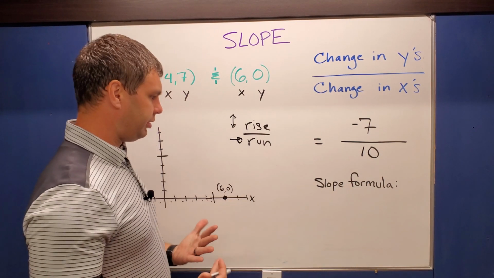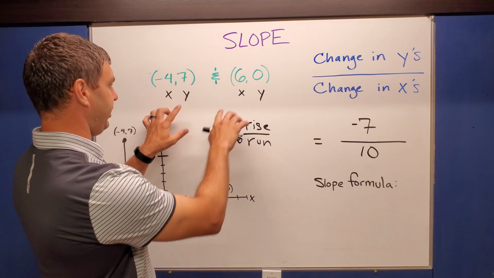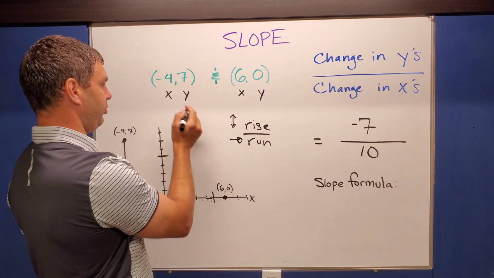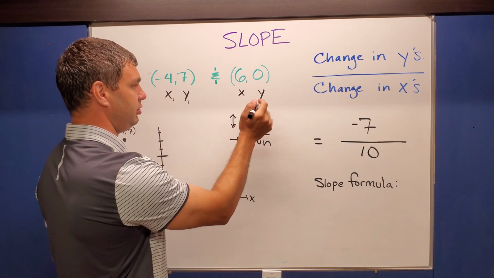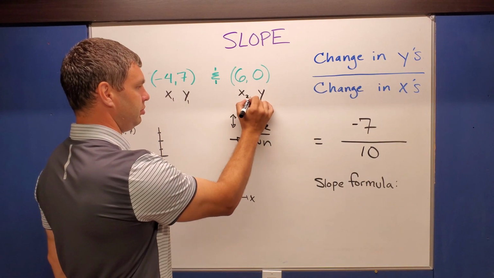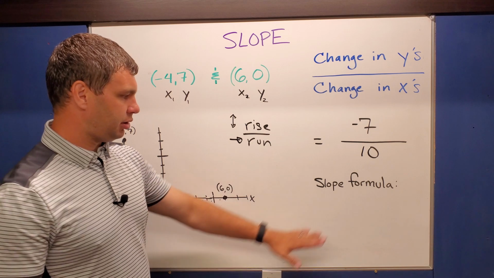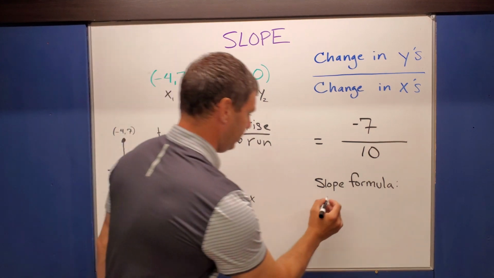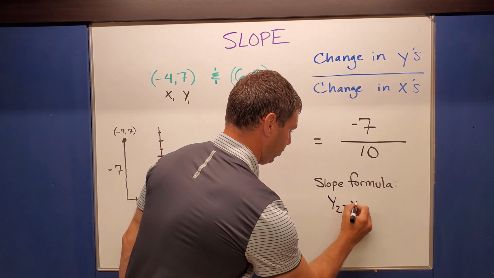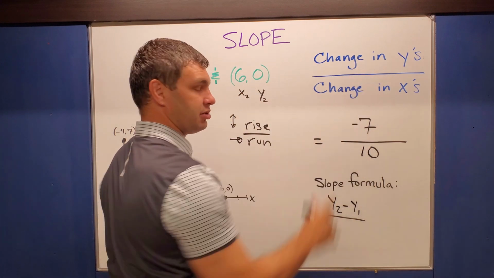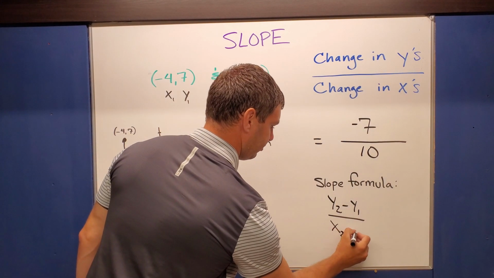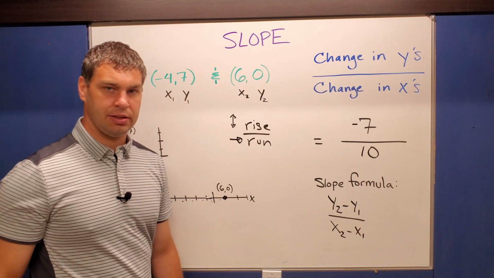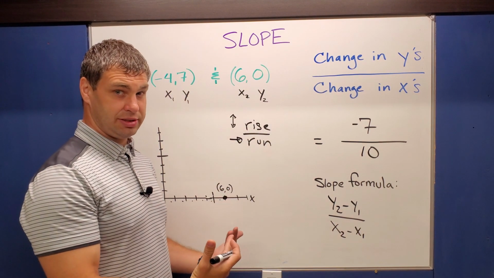So there's a formula that we can use based off of this. If I call this my first point, x1, y1, and the second point gets 2's, x2, y2, the slope formula is y2 minus y1 over x2 minus x1. Our y's come first. It's the change in y's over the change in x's.